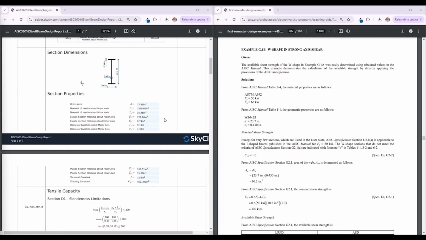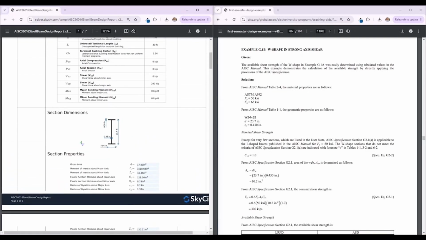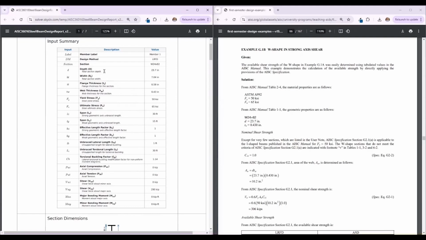You can see that these geometric properties align with the section properties listed in the SkyCiv report. These geometric properties can also be found in the input summary on the SkyCiv calculation report.